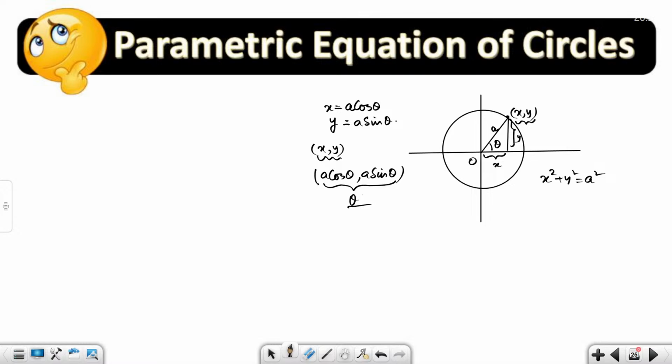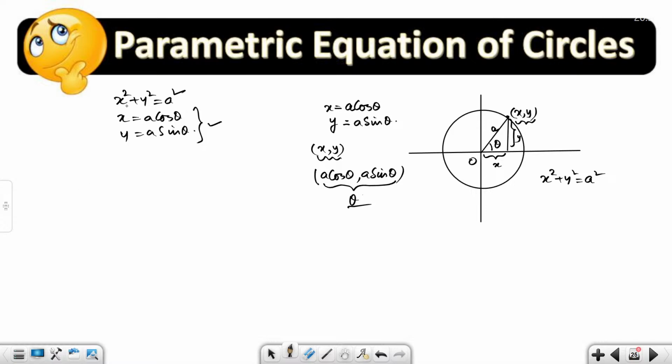That's the advantage of the parametric equation over the normal equation. Is it clear? So if the equation is in the form x square plus y square is a square, we will straight away say x is a cos theta and y is a sin theta. This is the parametric form of the circle.